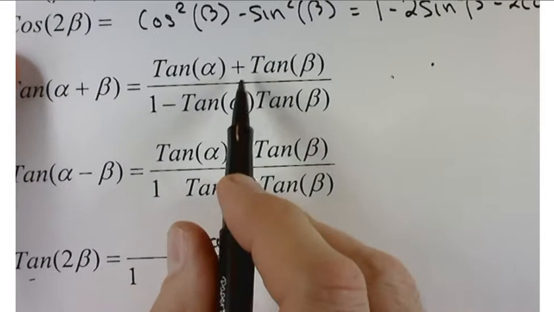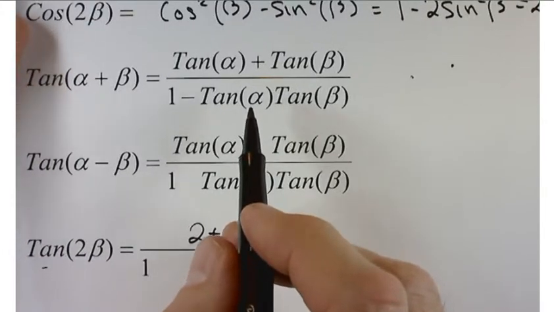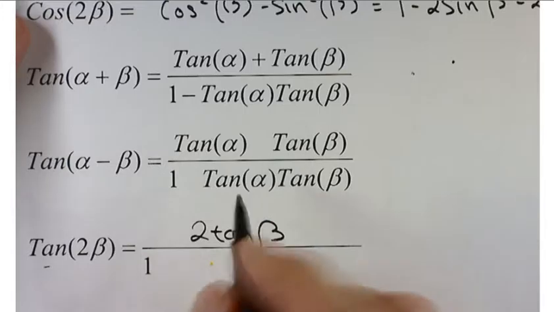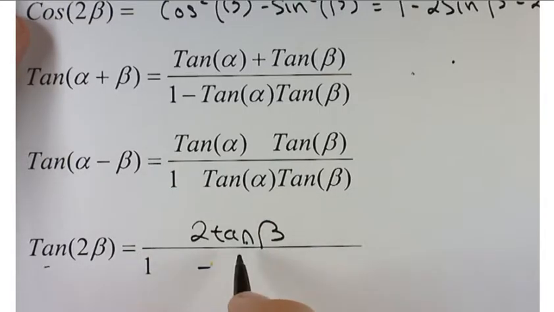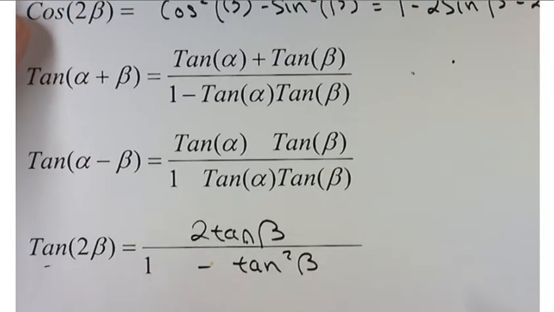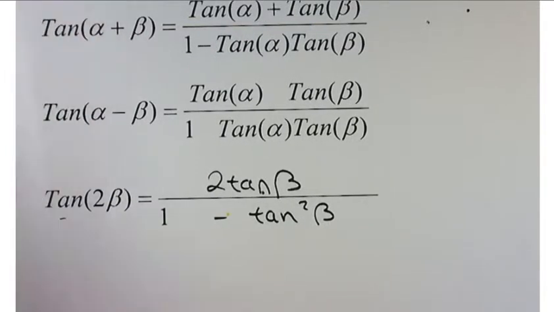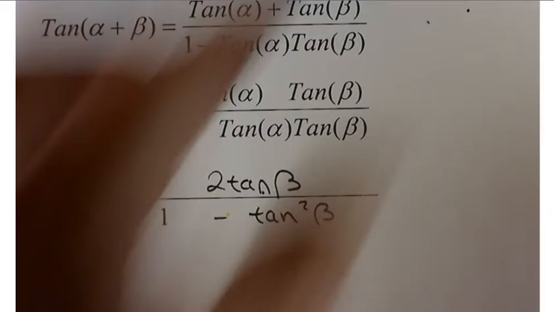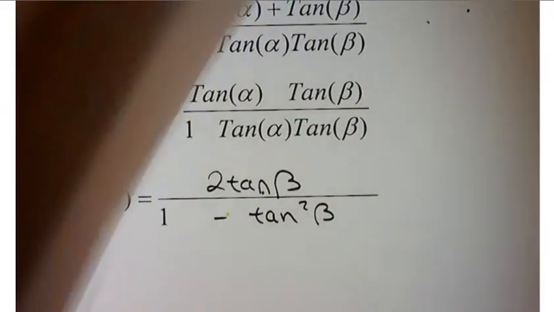How about in the denominator? One minus tangent of beta times tangent of beta, which is tangent squared of beta. So there's your tangent double angle formula. Appreciate the question and the chance to work on that one.